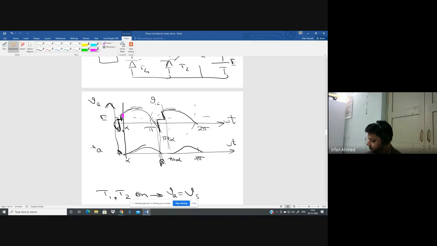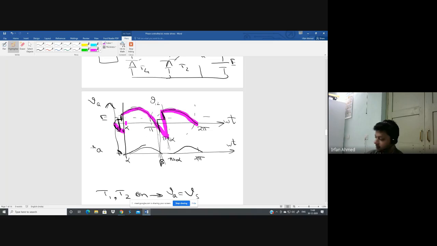So what happens is you are triggering T1, T2 here. T1, T2 keep on conducting. Your armature voltage is equal to the supply voltage. And here, before the load current becomes zero, you trigger T3 and T4 so that your armature voltage becomes equal to the negative of the supply voltage. And it remains equal to the negative of the supply voltage till T3, T4 conduct.